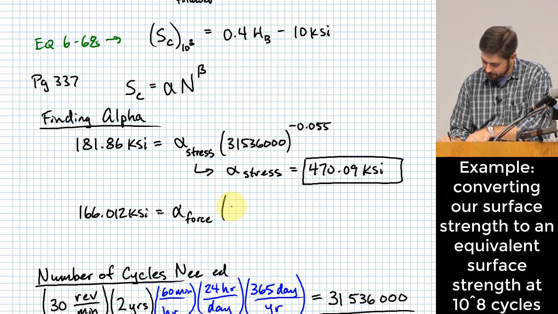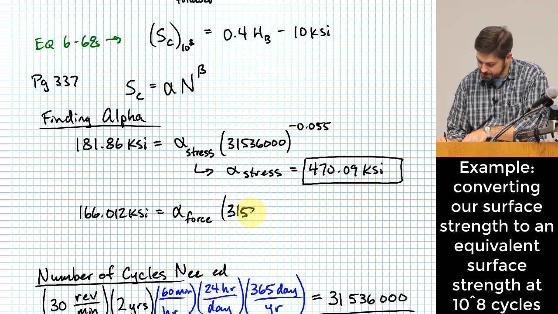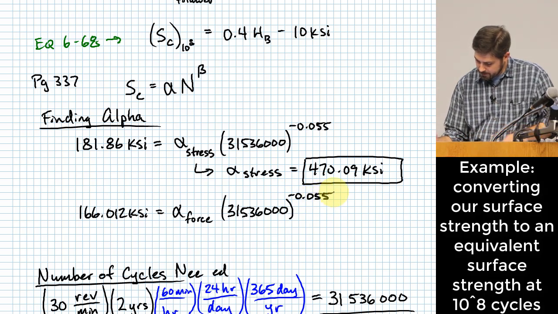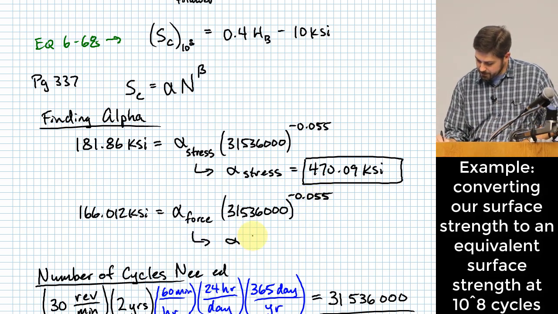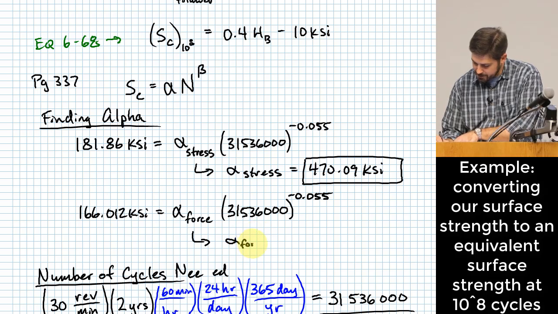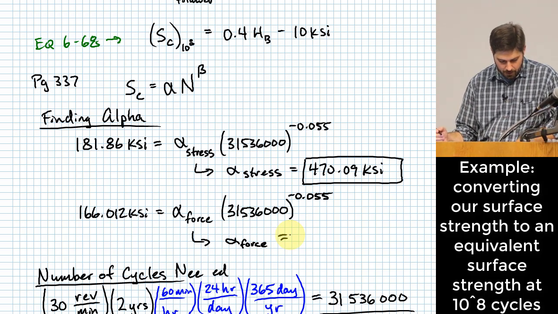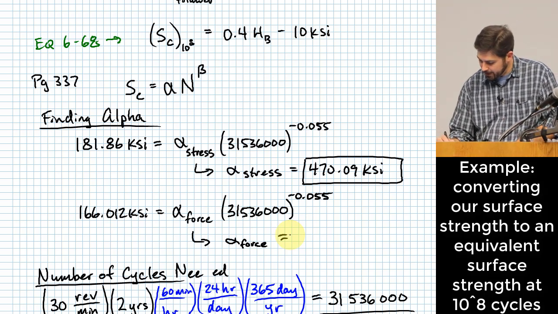Again, the same number of cycles, 31,536,000, to the negative 0.055. And from here, your alpha as it pertains to force instead of stress is equal to 429.13 KSI.